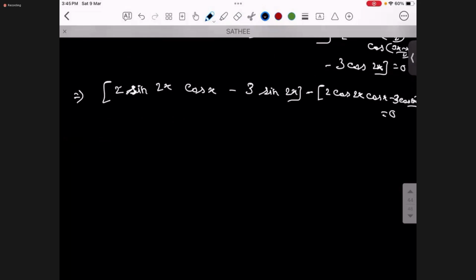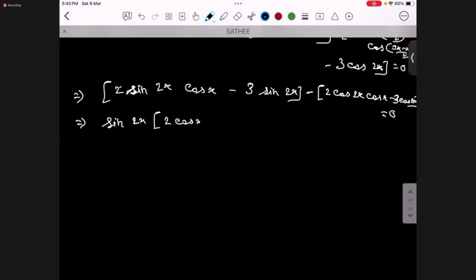Now you can see that we can take common sin 2x and cos 2x from inside both the brackets. So let us take common sin 2x. So what will we get?